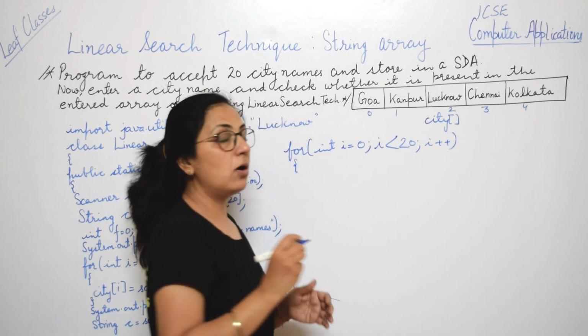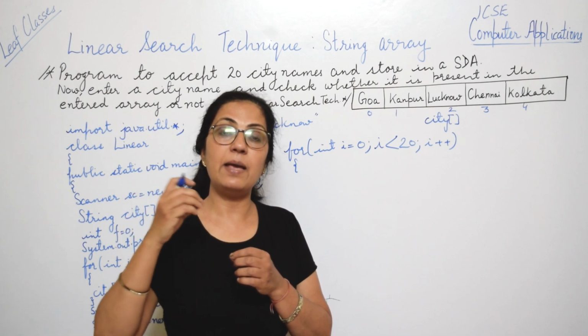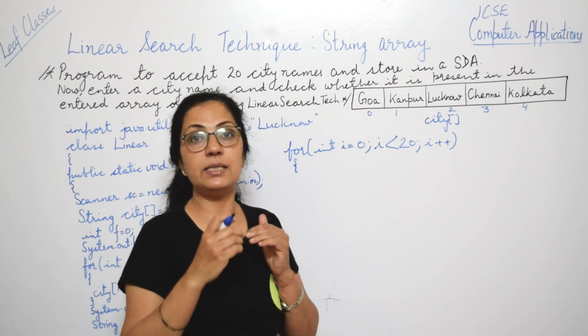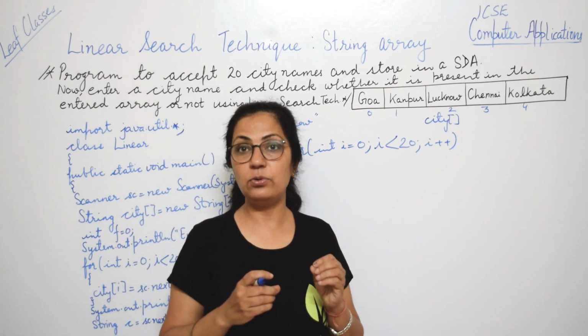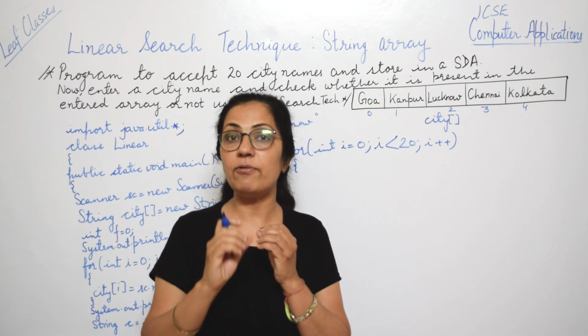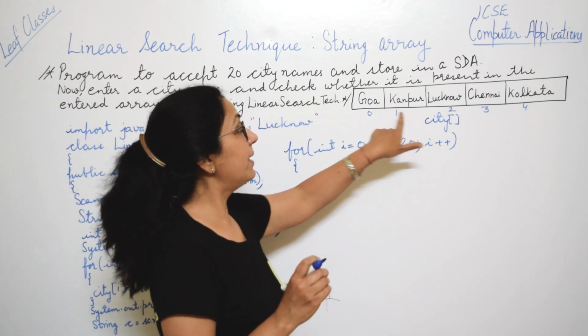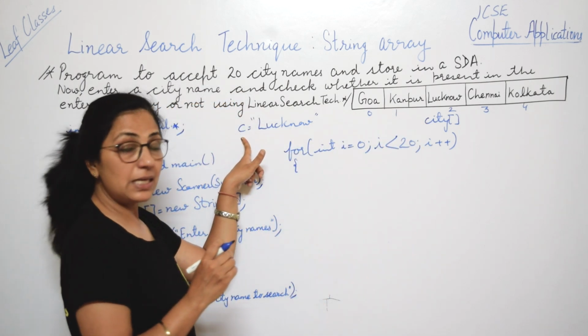Now children, linear search of other primitive data types and string is almost the same. Only, when you are comparing, you have to use the string functions for comparison. Say I want to compare whether city[0] is equal to this C or not.